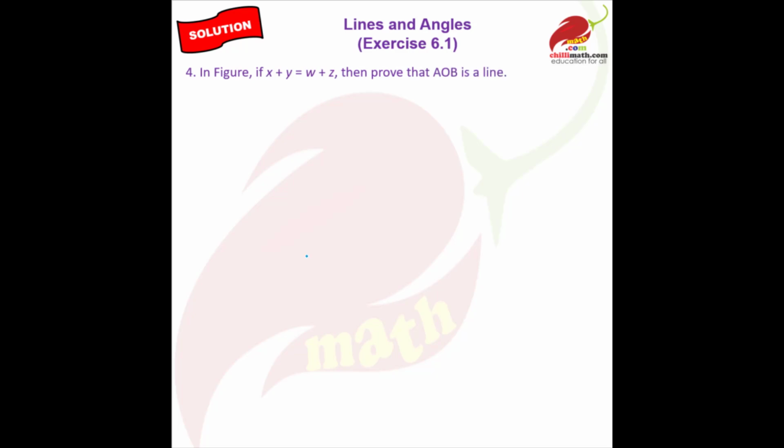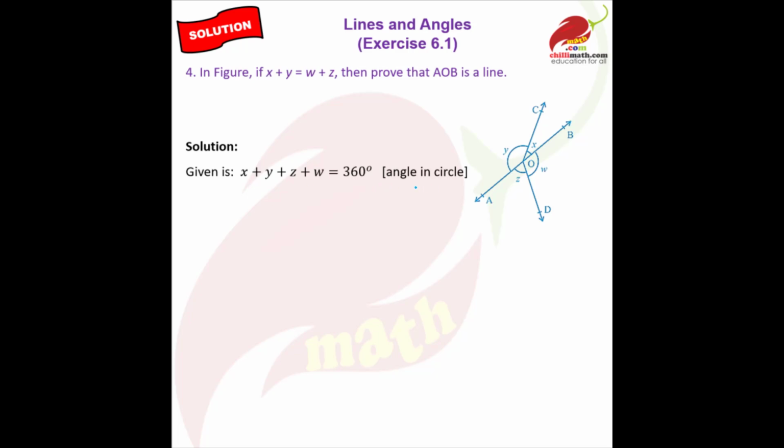In figure, if x plus y is equal to w plus z, then prove that AOB is a line. As we know, the angle in a circle is equal to 360 degree. So angle x plus y plus z plus w, their sum is equal to 360 degree. As we are given x plus y is equal to w plus z, so in place of w plus z we can write x plus y.